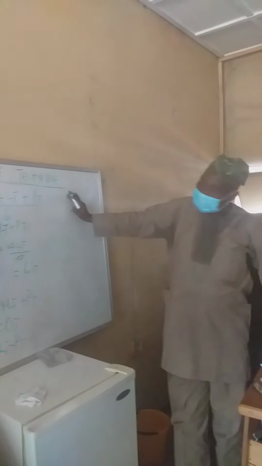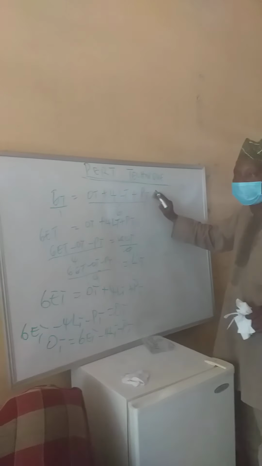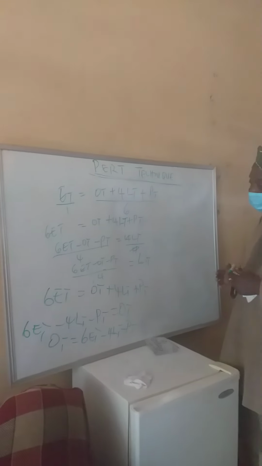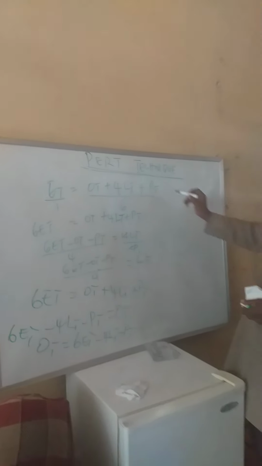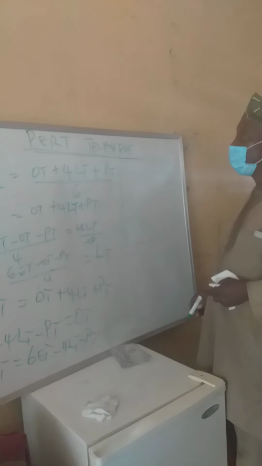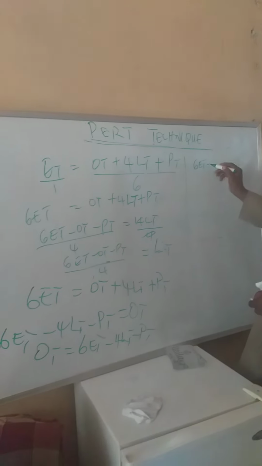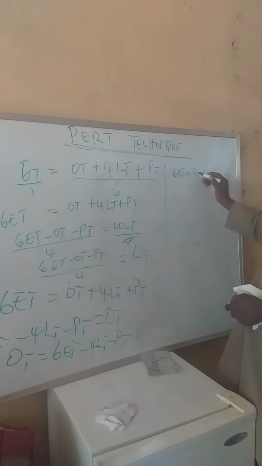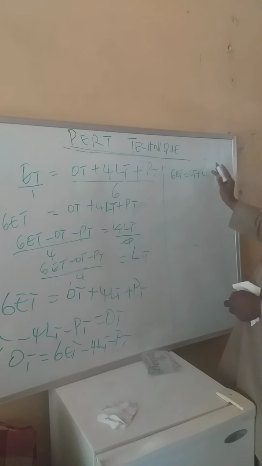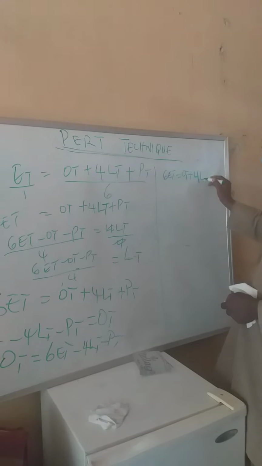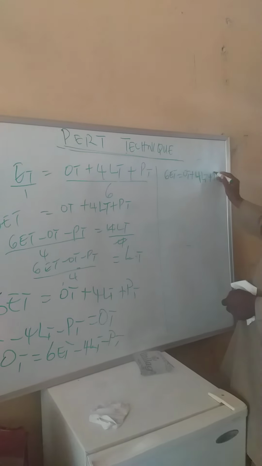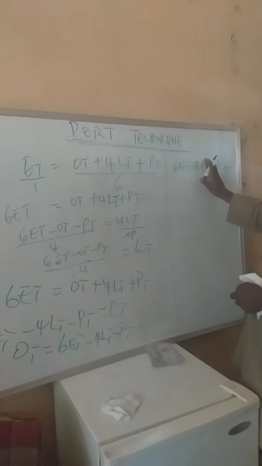The last one is we want to make PT the subject of the formula. From the formula, you cross multiply as usual: 6 ET equals OT plus 4 LT plus PT.